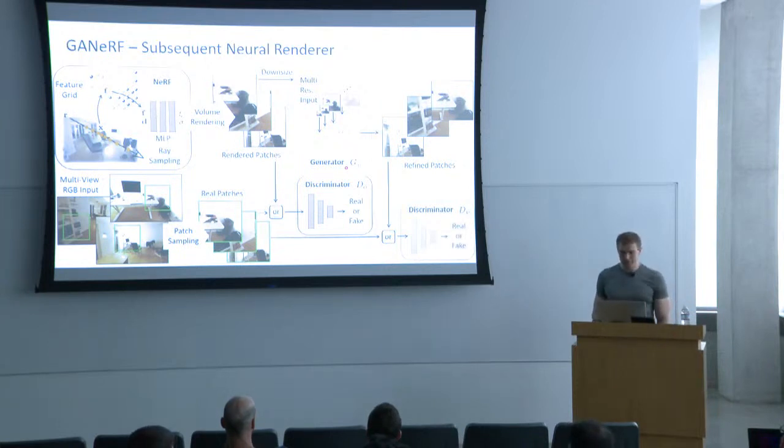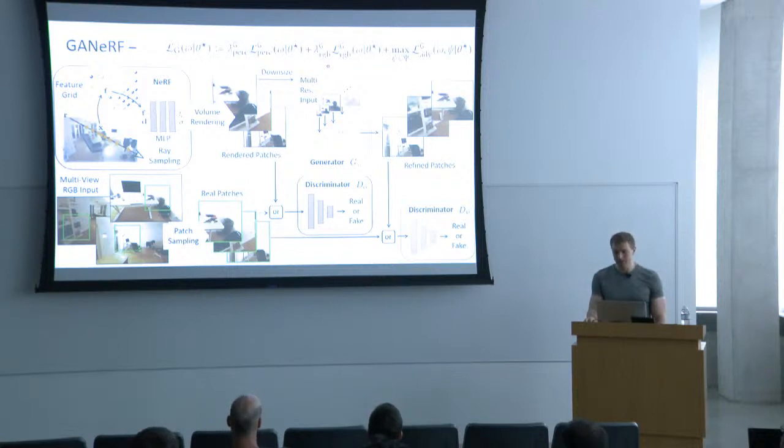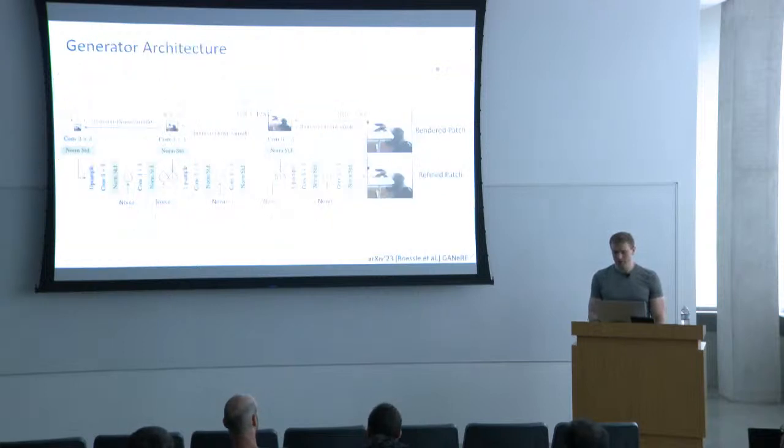Okay, and it turns out this combined makes it even better. Now we have this second loss function again: we have a perceptual loss, an RGB loss, and the adversarial losses here. This generator is pretty much a StyleGAN-based discriminator, and it uses this multi-resolution, so it goes through different levels. And this is also critical.